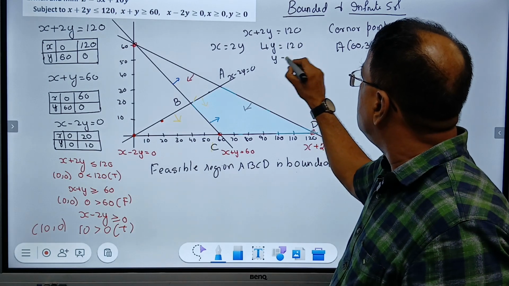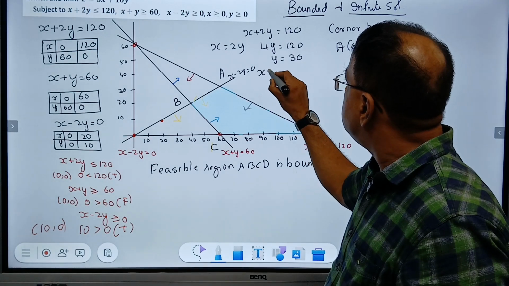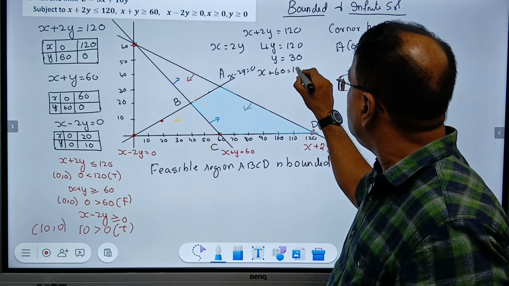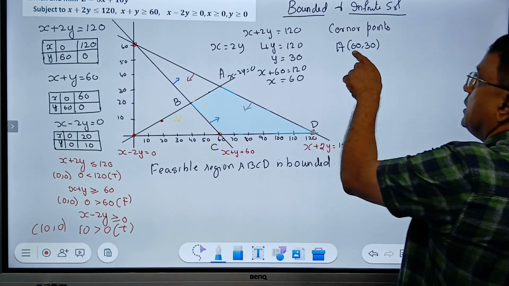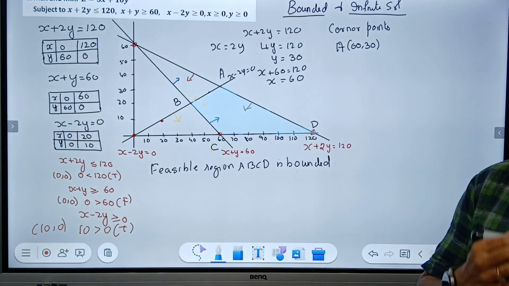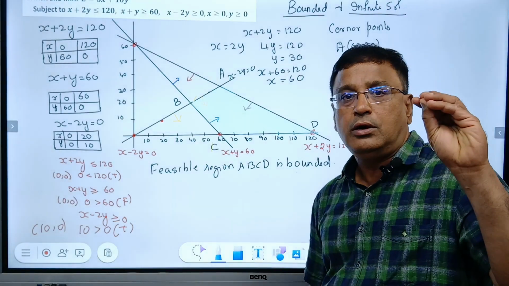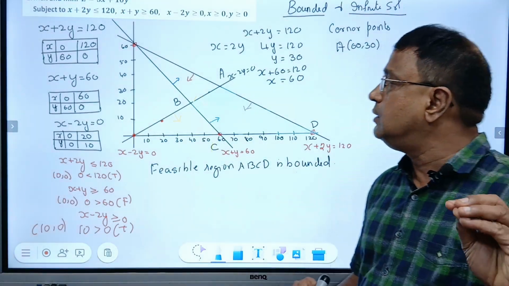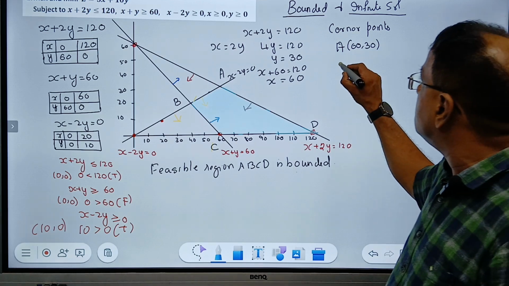Therefore y equal to 30. When y is 30, what do I get? x plus 60 equal to 120. Therefore x is 60. So it is 60, 30. It is easy, not at all difficult. Solve them, or if you plot it on a graph perfectly, you can take the points from the graph also. But make sure it is accurate.